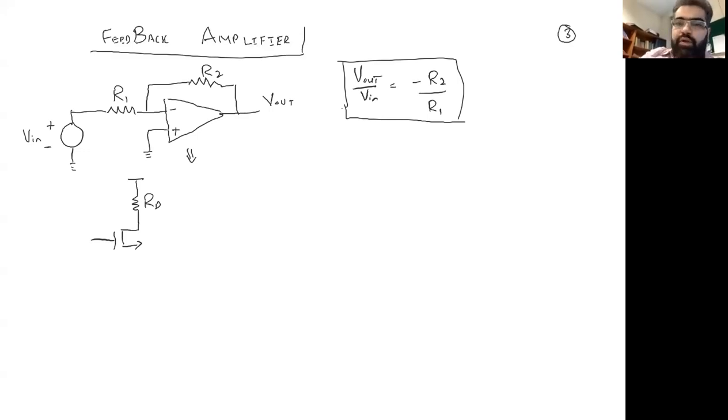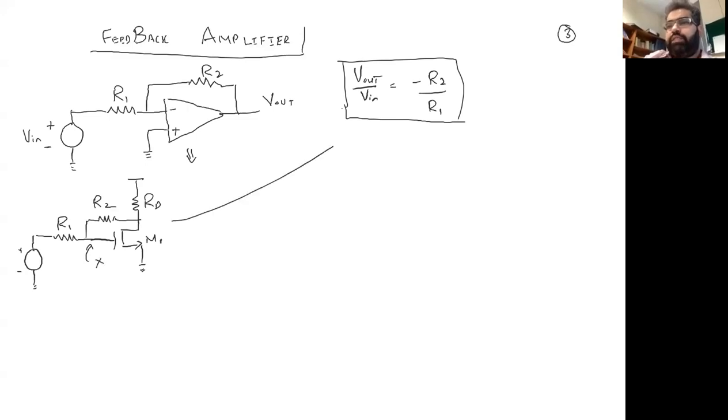We have input here. It's the same thing. We just draw it and then we can mimic it in a different way. And we have R2. So you can analyze both of them are the same thing. And here you have V out.